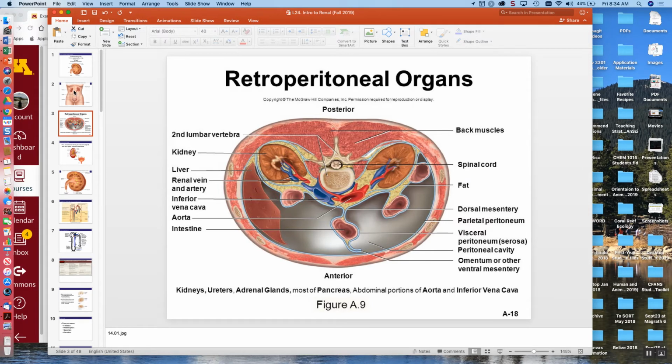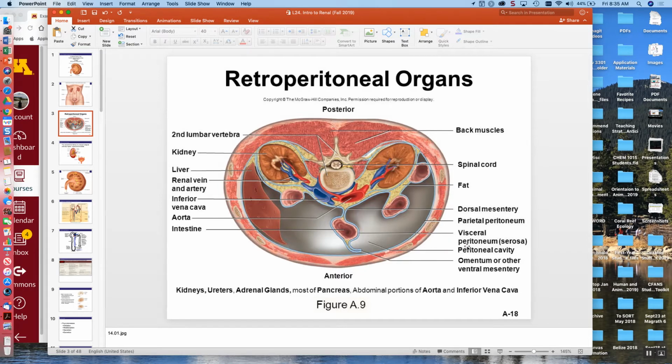If you took some kind of blade and cut through your torso, have you ever seen that Body Works exhibit that they had at some of the science museums? Yeah, so this is what we're talking about. You can actually see that your body has a peritoneal cavity, a coelomic cavity.